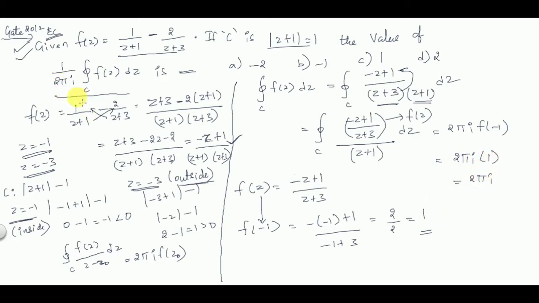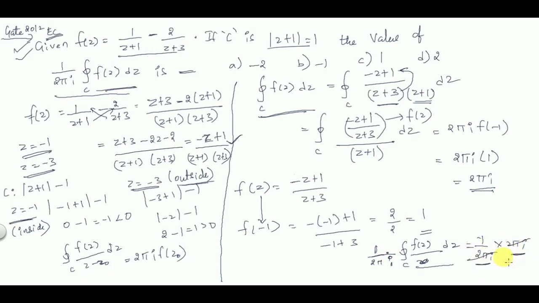But you are not asked to find this, you are asked to find 1 by 2 pi i of this. So multiplying both sides with 1 by 2 pi i: we have got integral C f of z dz equal to 2 pi i, and we multiply this side also with 1 by 2 pi i.